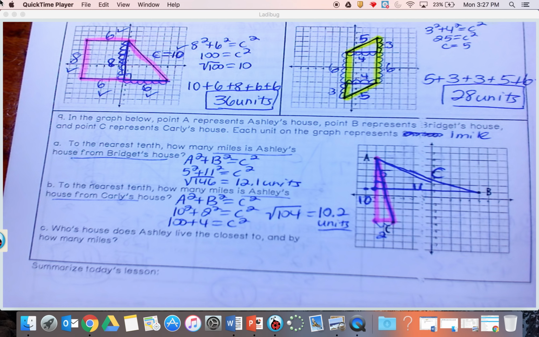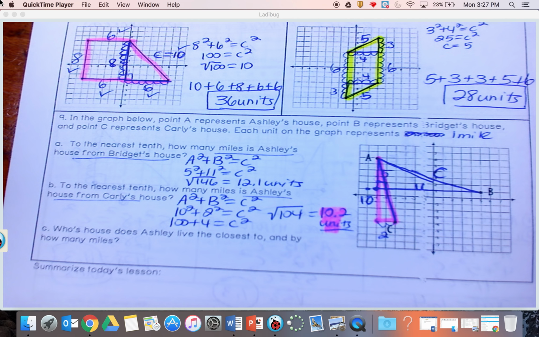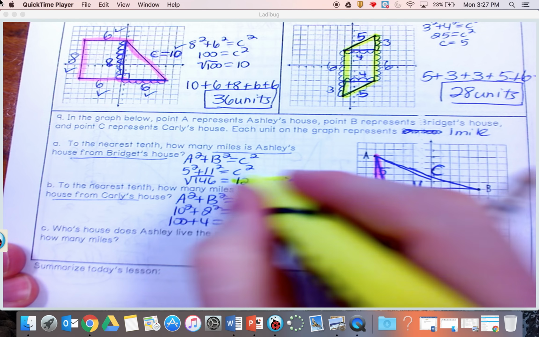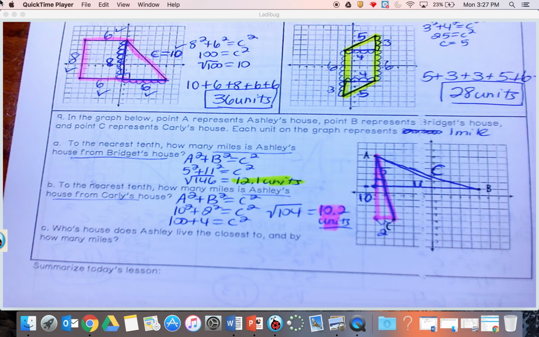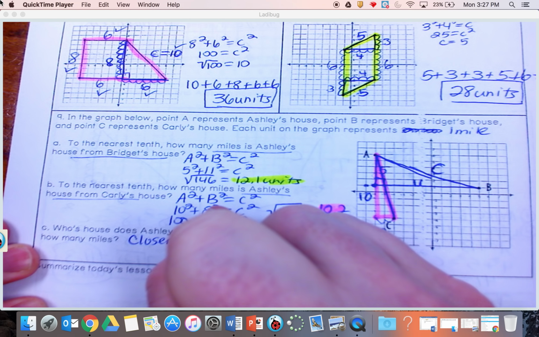So part C says, whose house does Ashley live closest to and by how many miles? So obviously you see here that she lives 10.2 units away from Carly's house. She lives 12.1 units away from Bridget's house. So obviously she lives closer to Carly.